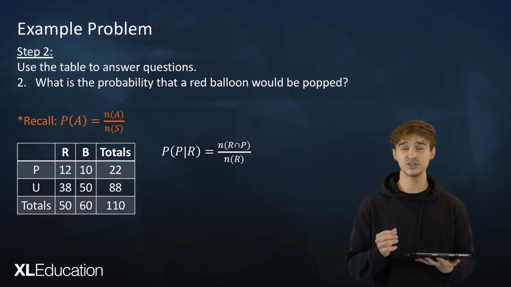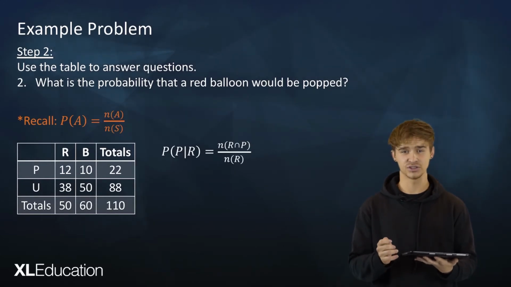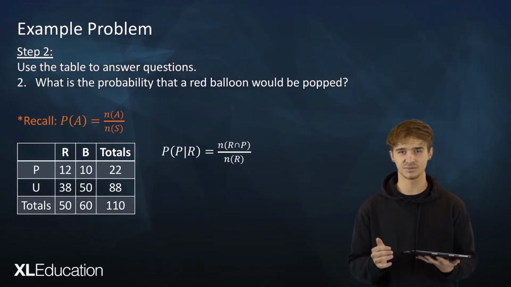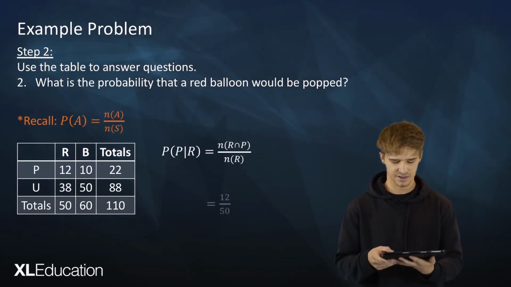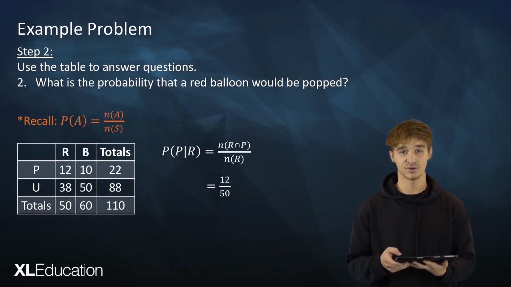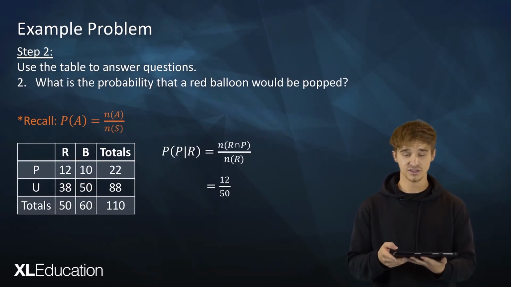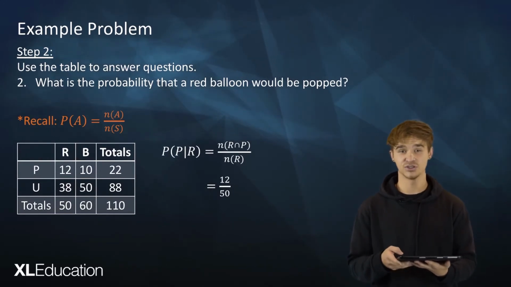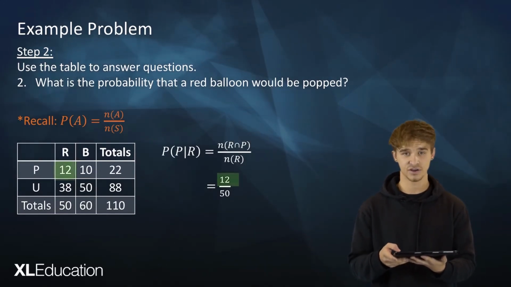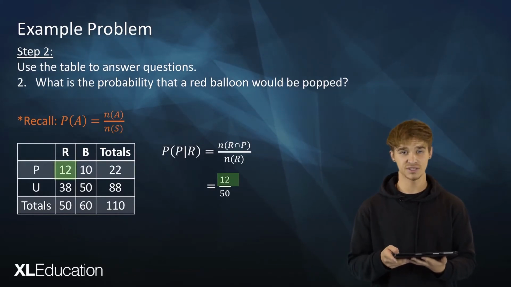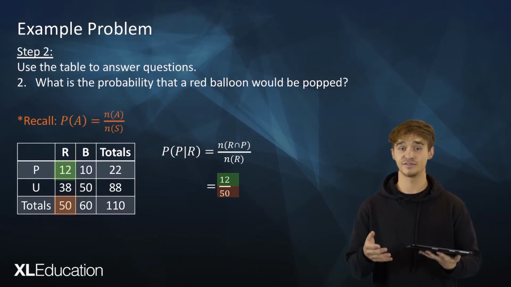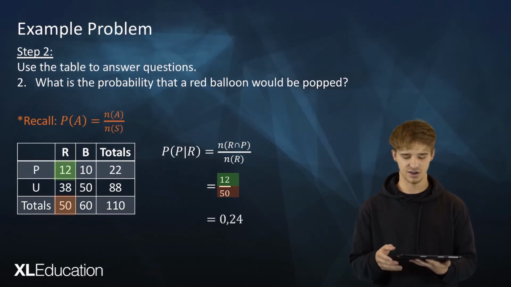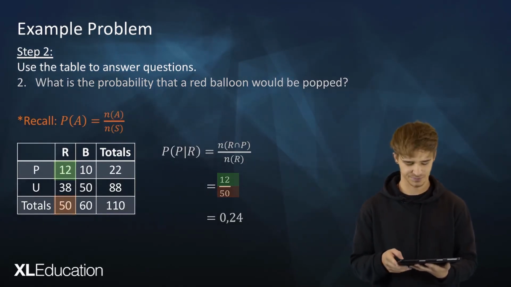This equals our total number of red and popped balloons over our total number in our sample space, which in this case is our total number of red balloons. From our contingency table, we can see that the total number where the red and popped balloons intersect is 12, over our total number in our sample space, which is 50 red balloons. Thus, 12 over 50 gives us a probability of 0.24.